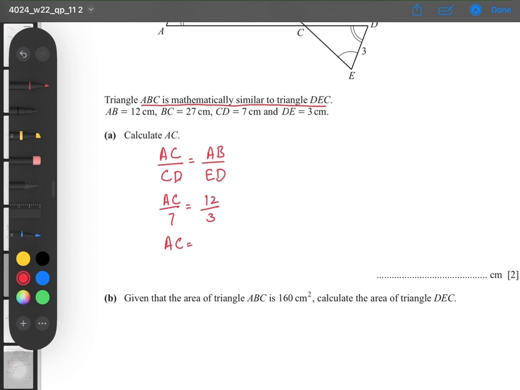After cross multiplying, I get 12 over 3 multiplied by 7. So it is equal to 4 into 7, that is equal to 28. So 28 centimeters.